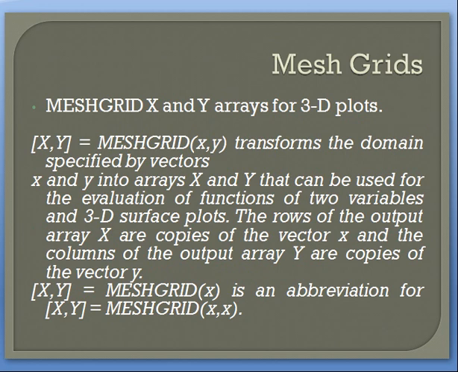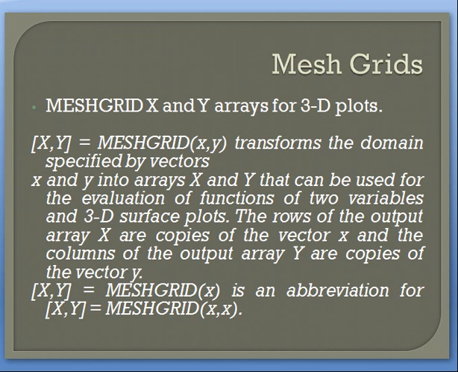Now coming towards another topic, that is meshgrids. Suppose you want to make meshgrid x and y arrays for 3D plots. We have to write the command [X, Y] = meshgrid(x, y). It transforms the domain specified by vectors x and y into arrays capital X and capital Y that can be used for the evaluation of functions of two variables and 3D surface plots.